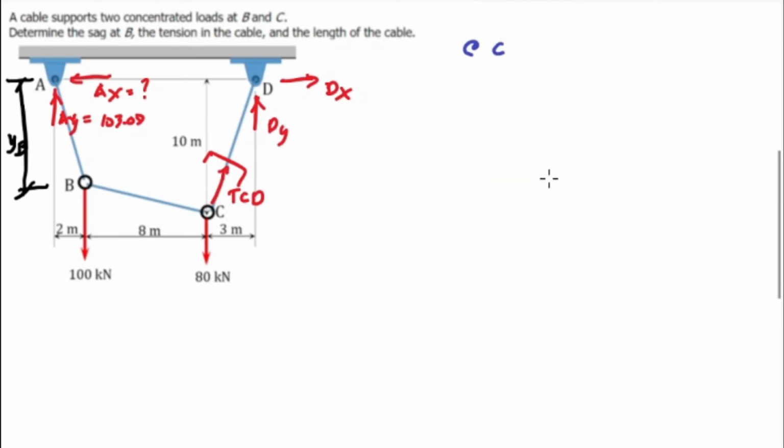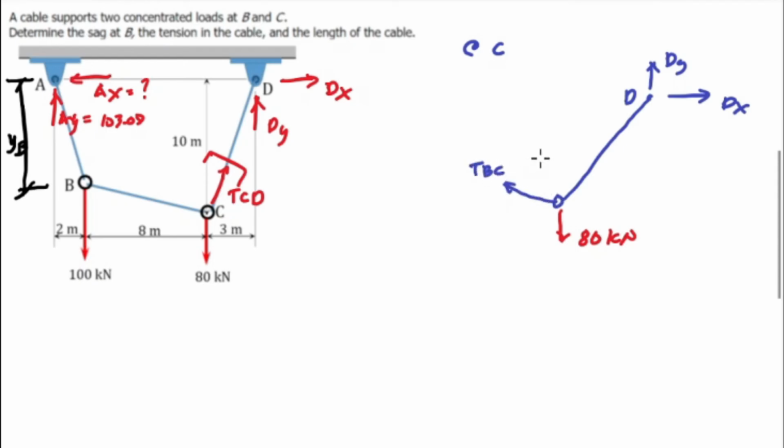At C, so the diagram, that's to D, and we have the reactions dy, and this is d of x, and we have the load, which is equivalent to 80 kilonewton, and the components of tension BC.